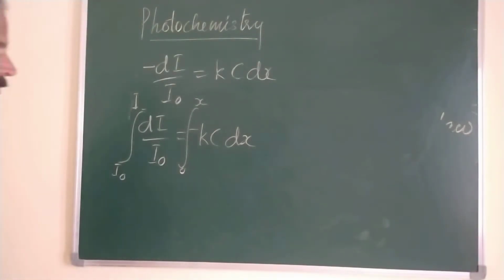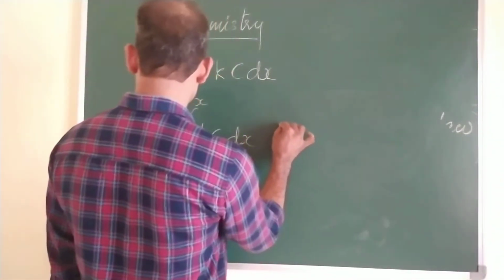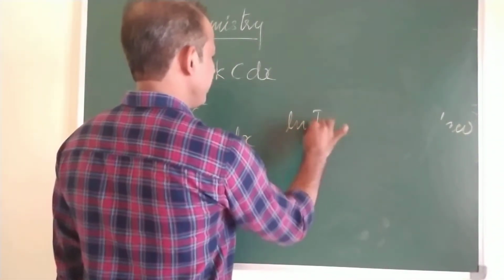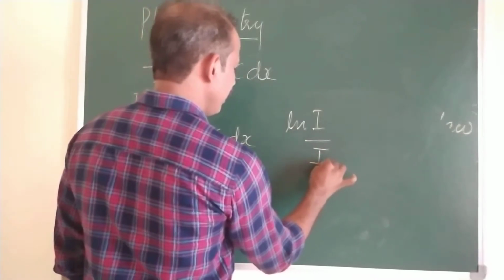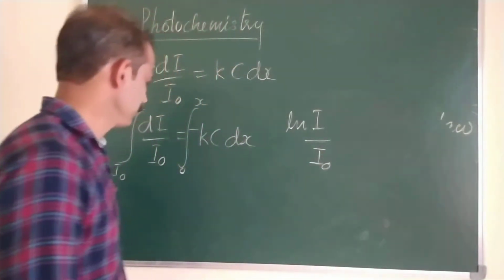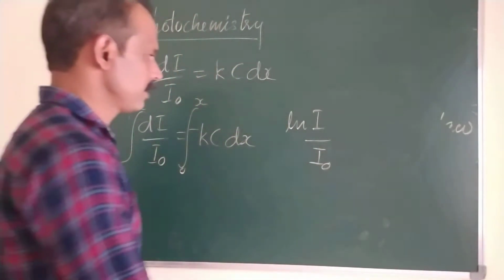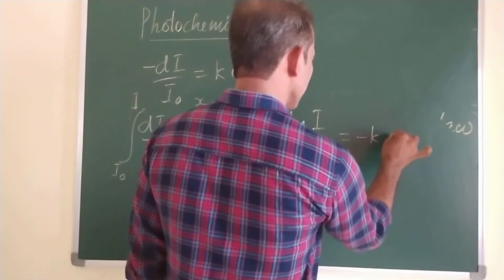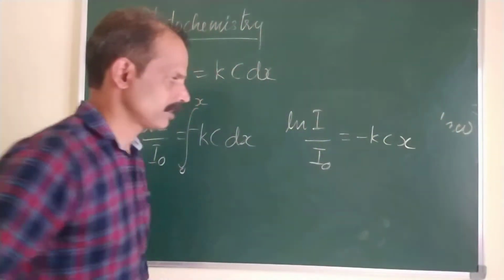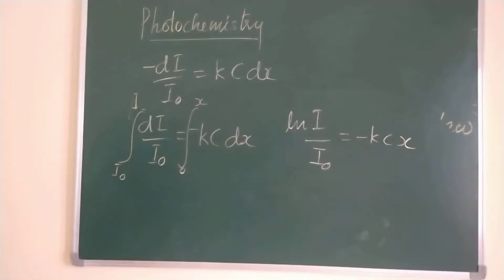So we get ln I by I0 is equal to minus Kc into x.